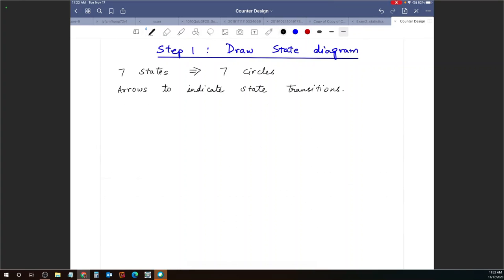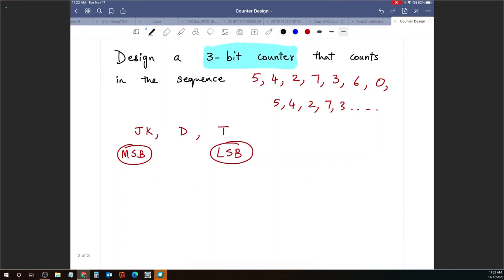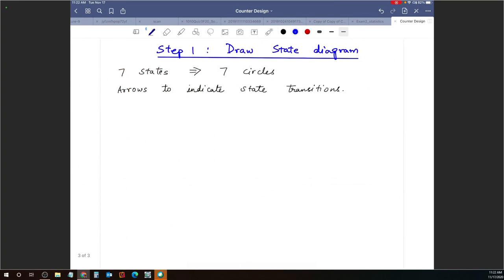All right, so what did we have? We started off with 5, 4, 2, 7, 3. First of all, I need 7 circles, so let me start with those. Let us use black for those circles. I hope I can do this.